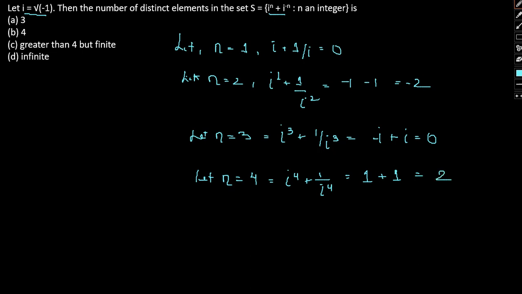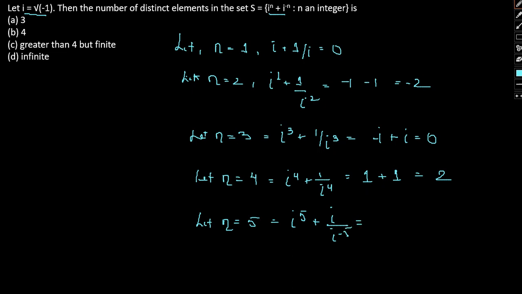Okay. So if we go with i to the power 5, let n equal to 5. So what we have is i to the power 5 plus i to the power minus 5.